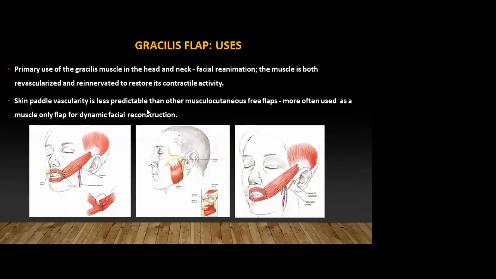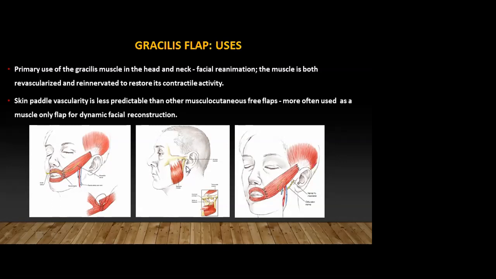Then the other thing is we can re-innervate it also because of its contractile activity. In this picture, this is the obturator nerve, and this nerve is anastomosed to the masseteric branch of the trigeminal. Or we can even cross-anastomose to the facial nerve via a sural bridge also.